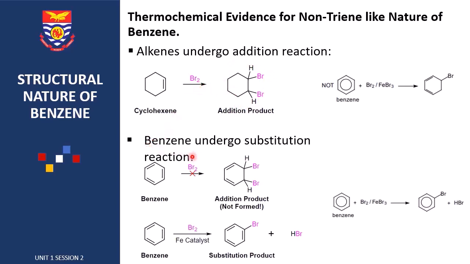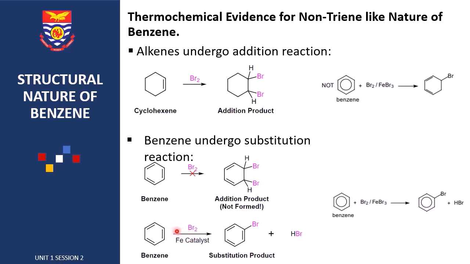Well, when you come to our benzene ring, that is completely not the case. There's a complete difference in the chemical reaction of these 2 compounds. Benzene actually undergoes a substitution reaction, where it replaces some of its substituents to allow other substituents to come in.